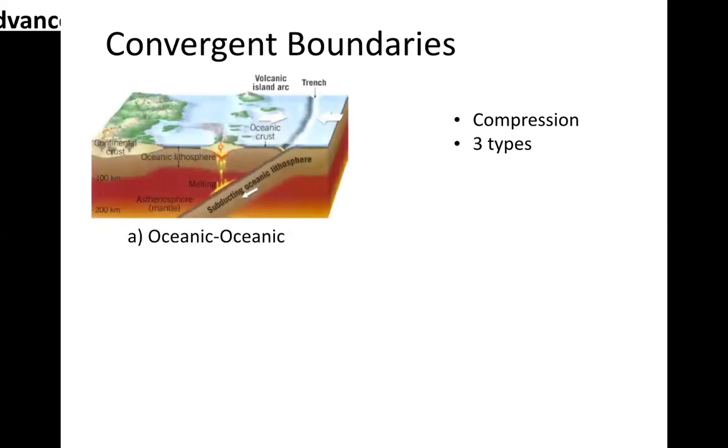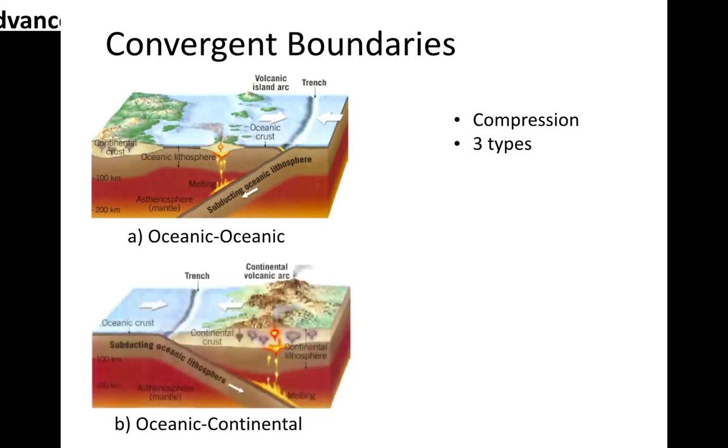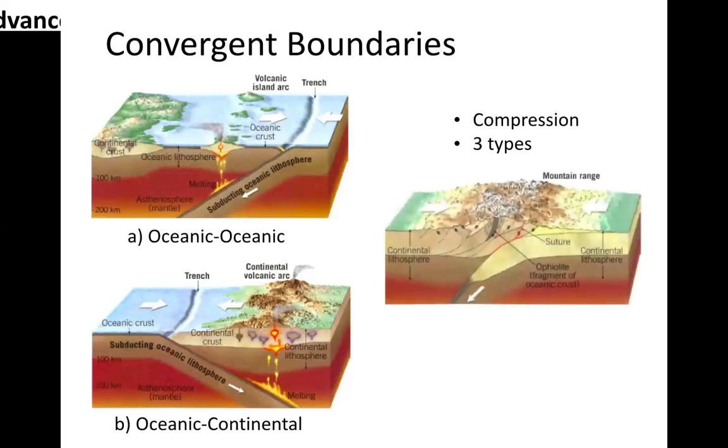We have oceanic-oceanic, where both converging plates are composed of oceanic lithosphere. Oceanic-continental, where one plate is composed of oceanic, while the other is composed of continental lithosphere. And then we have continental-continental, where both converging plates are composed of continental lithosphere.